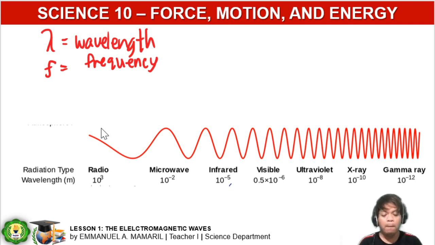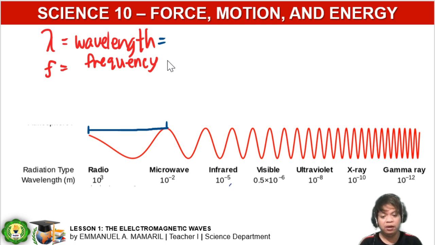You notice, guys, that for the wavelength, as you go to the right, what happens to the wavelength? It decreases. Nakita nyo naman dito, this is one wave, this is one wave. Nakita nyo po yung layo nila sa isa't isa. For radio wave, ang laki. So 10 exponent 3 or 1,000 meters nga.